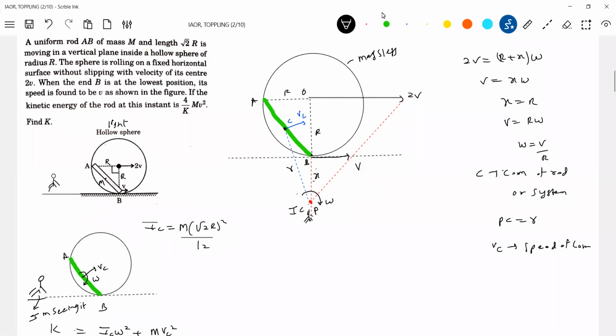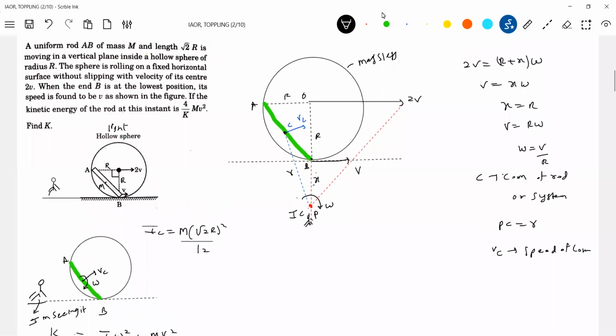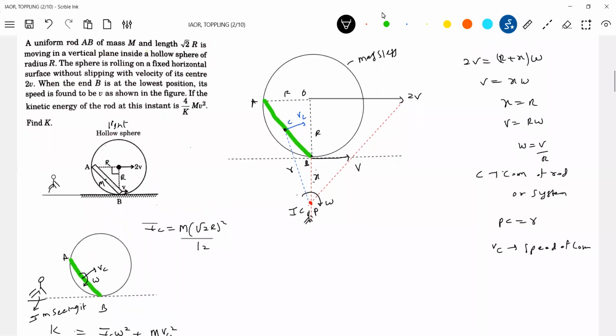We have to calculate the speed of the center. For that, we don't know R. Somehow, if you can determine small r, the problem is solved, because we already know omega, V by R. Only small r has to be determined from the geometry. I'll scroll down because I'll draw one more diagram.